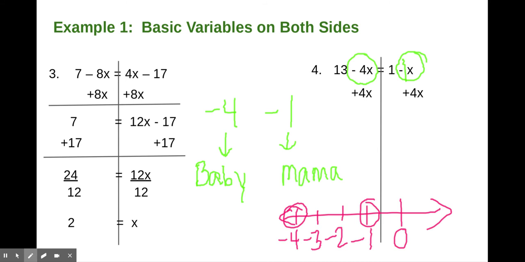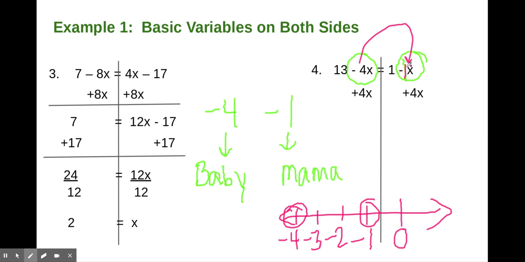So that's why if you see here, I took the positive 4x to both sides. Okay, so I took the negative 4x over to the negative 1x, and that's a 1 there.